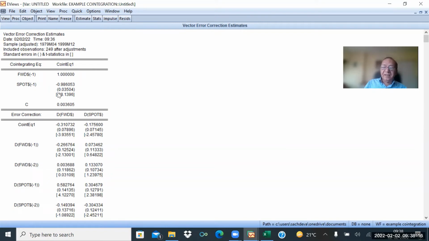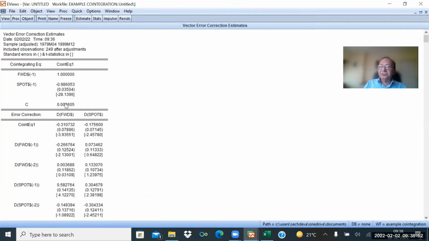Now, as in the Engle-Granger test, we used the error of this equation to make the second equation. But in Johansen's cointegration, it simply tells us the equation. It is the cointegration equation. The coefficient is minus 0.31073, and inside the bracket this whole thing will come: lagged forward price and spot price. This is one lagged price, and there is going to be a constant.